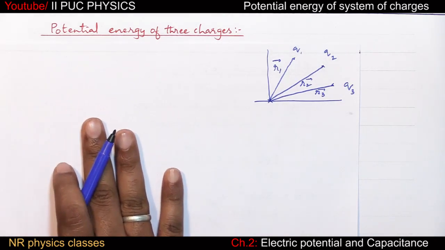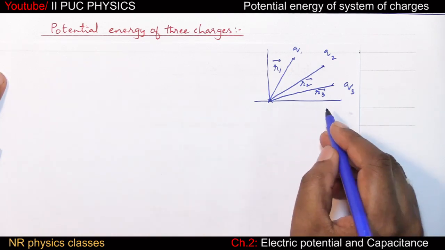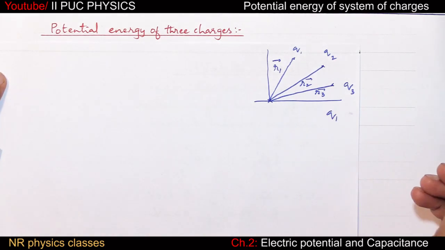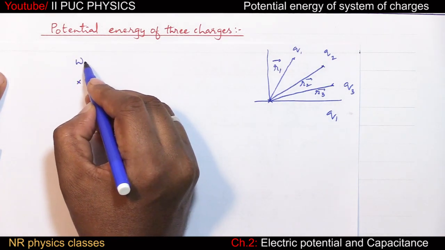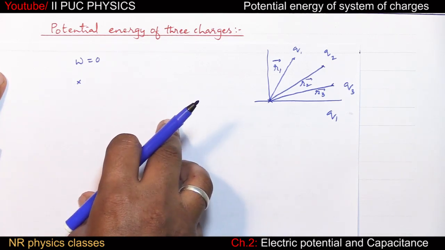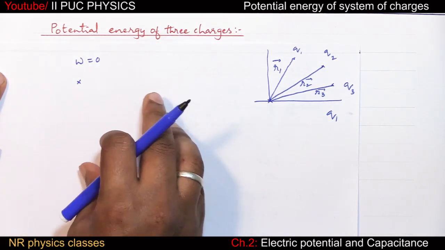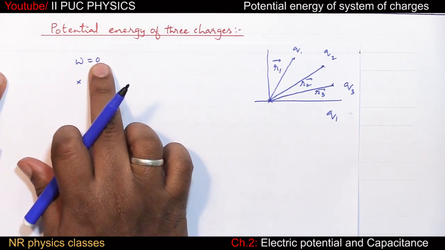This region is charge free. Let us bring charge Q1 from infinity to this point, and that work done is 0 because there is no influence of other charges at this point. No influence means charge free region. That is the meaning of work done is 0.